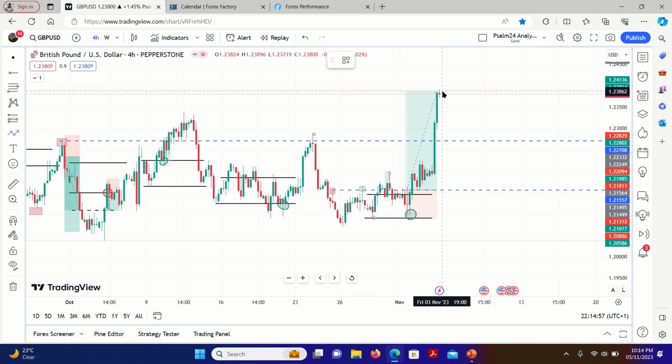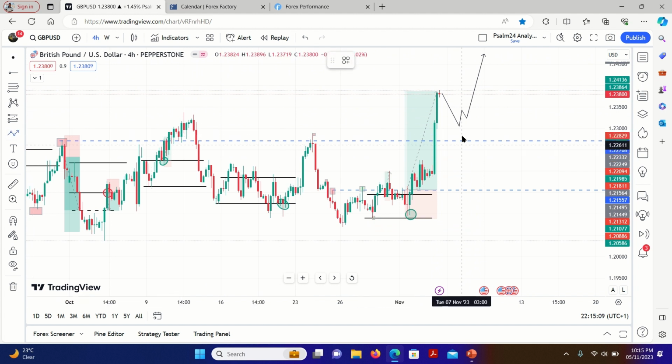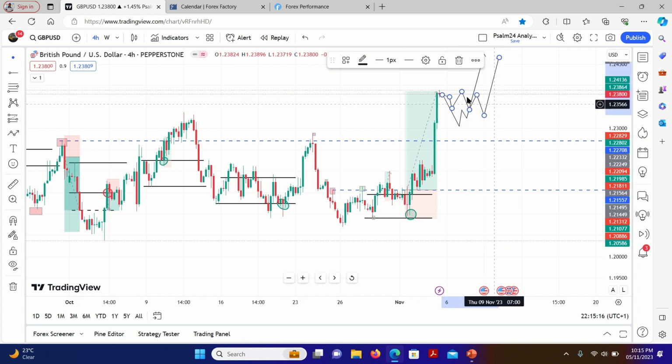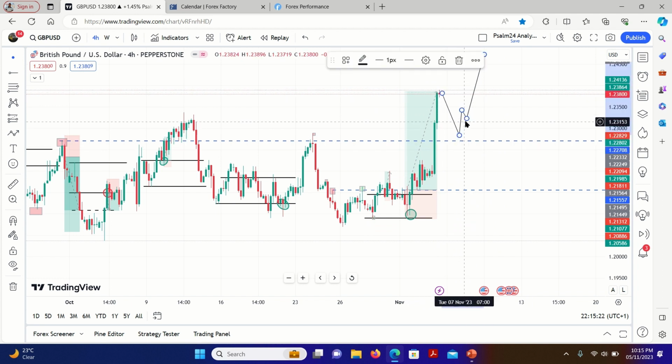We want to see something like this, a bit of a retracement, then the move to the upside, or we'll see price consolidating around this place before the move to the upside. That is what we are expecting, and this may be deep, it may be shallow, depending on what the Asian session looks like.